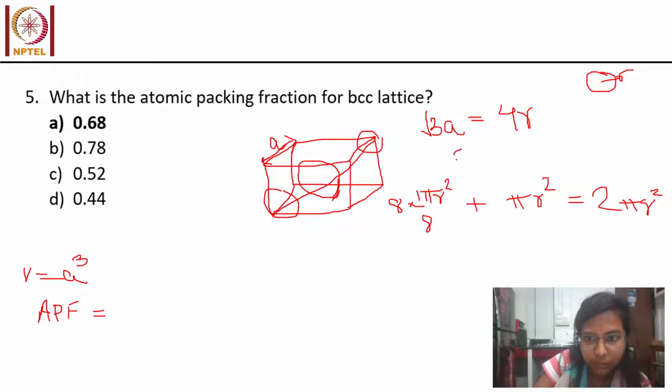So a means 4r by root 3. If a means 4r by root 3, then we can cube it. So we have 2 pi r square.